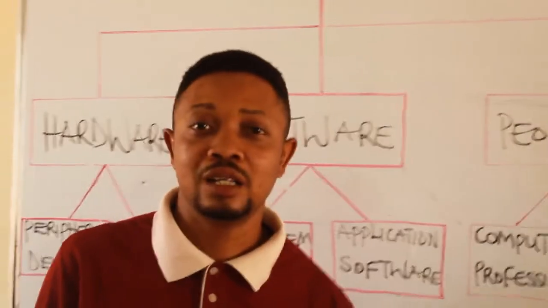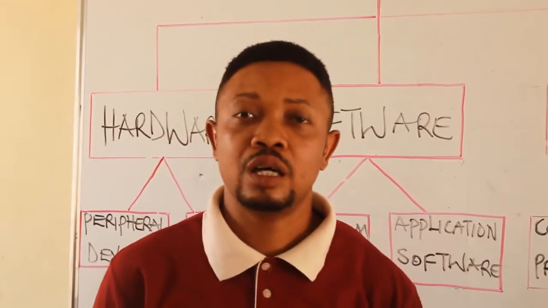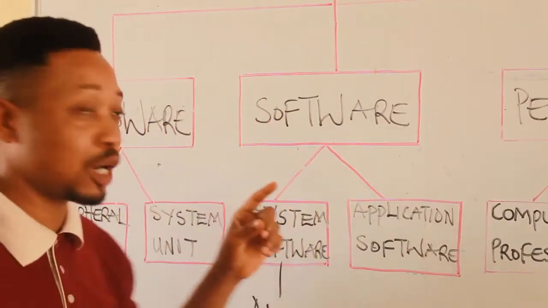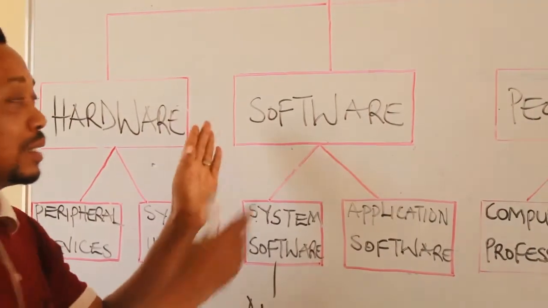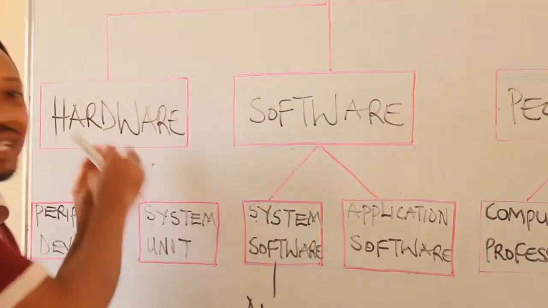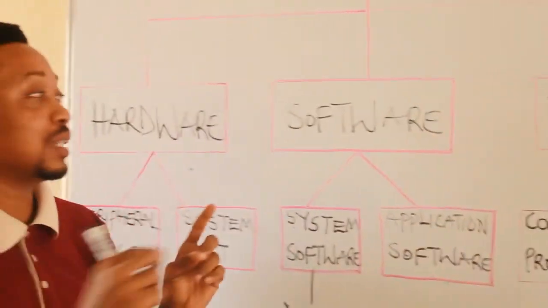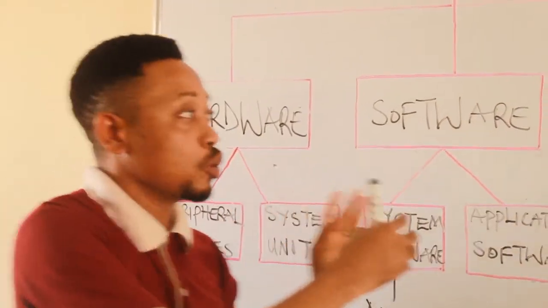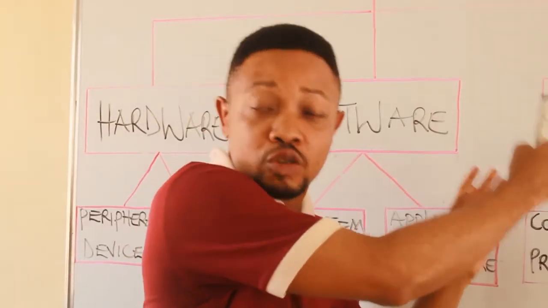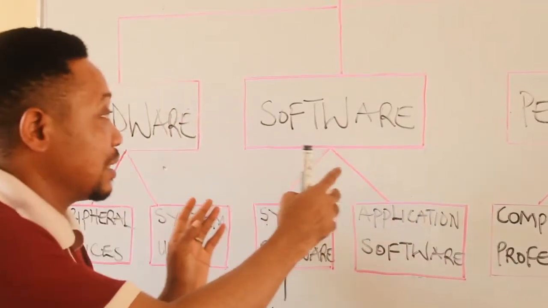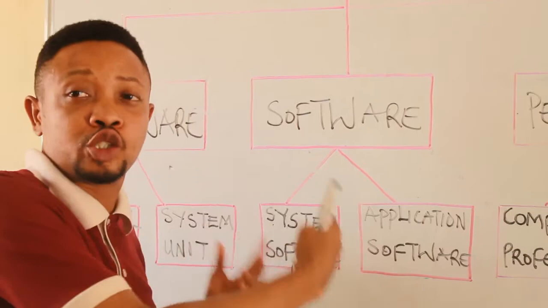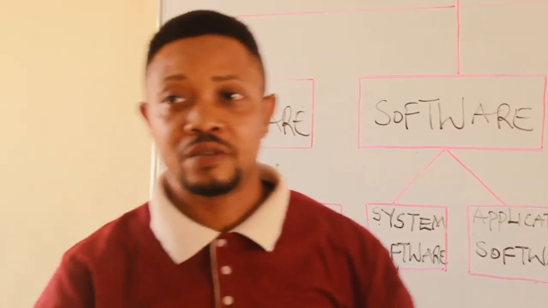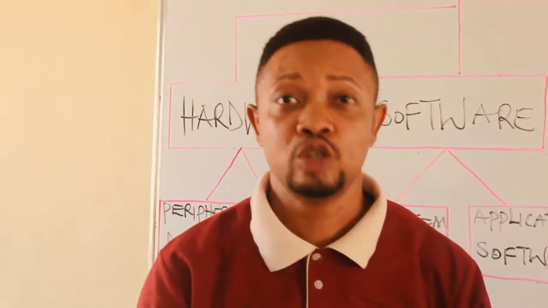Peopleware are the users, those people that make use of the software and the hardware. Remember that the software is what drives the hardware. So it is the users of the computer that ensure that the computer is efficiently made use of.